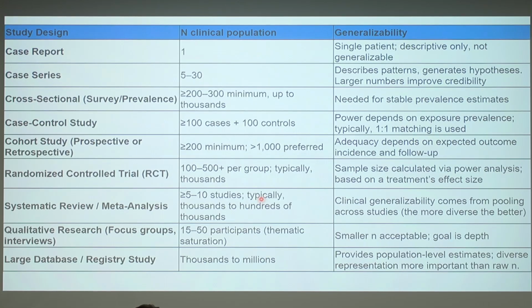As you move up to cohort studies all the way through large databases and registries, you can have several hundreds to millions of people. Of course, that's going to include very diverse populations of diverse ethnicities, ages, and sometimes genders. And so those are more generalizable to the population as a whole.